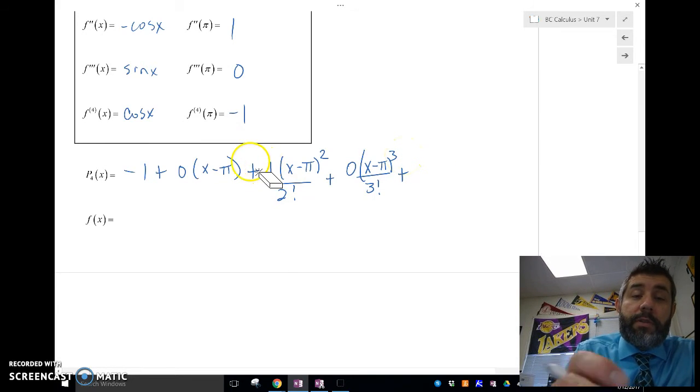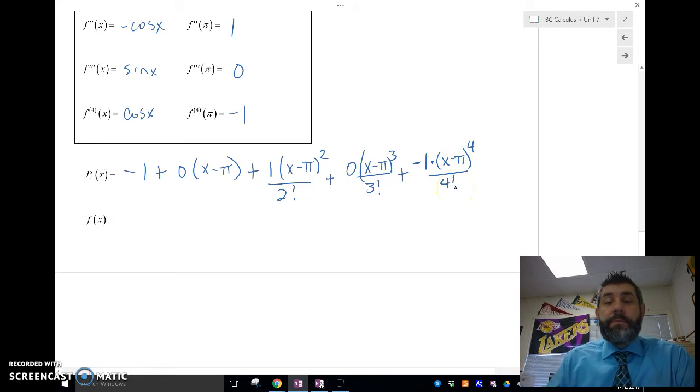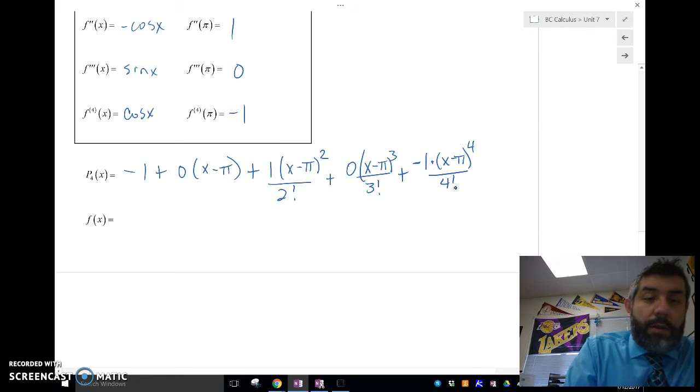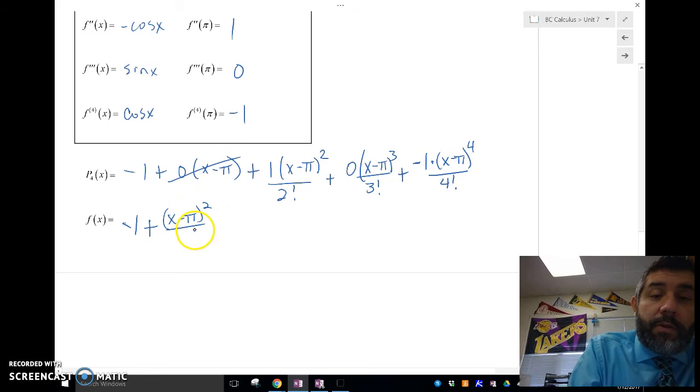No, that was positive 1, that's right. Negative 1 times x minus pi to the 4th over 4 factorial, right? Okay, we'll reduce that down. That's negative 1, the 0 is gone, plus x minus pi squared over 2 factorial.